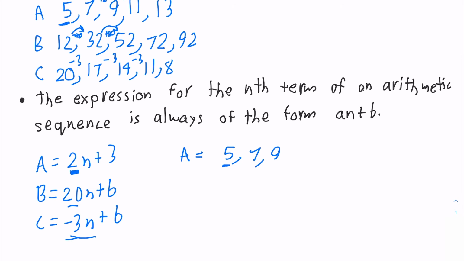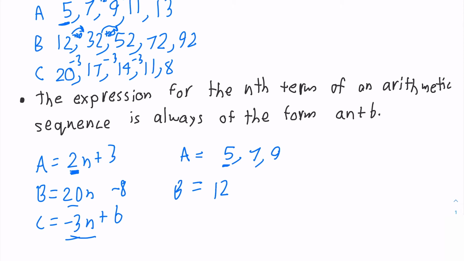So what about b? In b, the first term is 12. What do we need to add or minus to get 12? We need to minus 8. So it's going to be minus 8, and we don't need this plus. So the nth term is 20n minus 8.